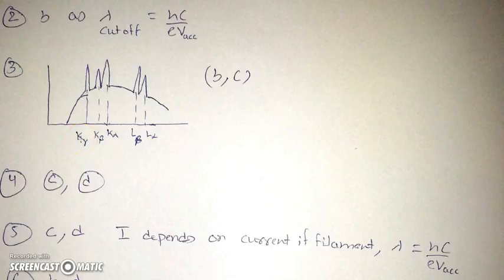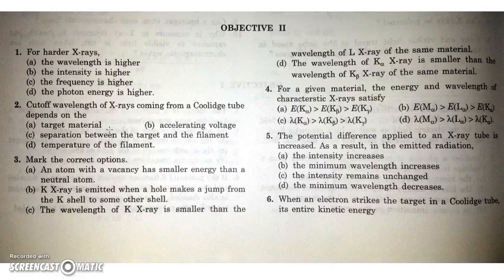K gamma is from 1 to 3, so this energy will be more, so wavelength will be small as compared to this.